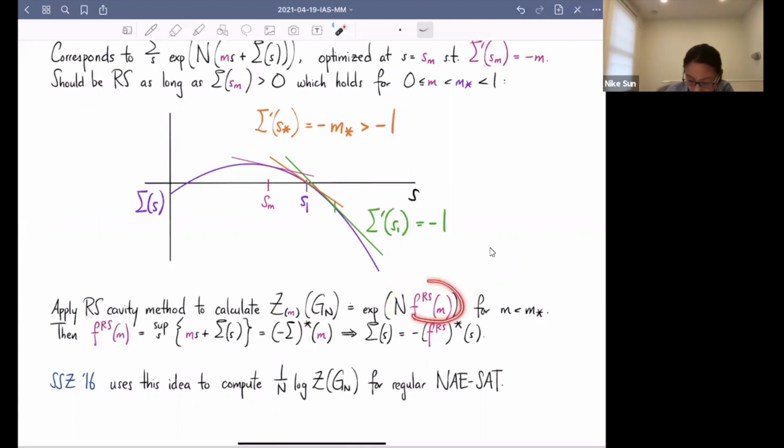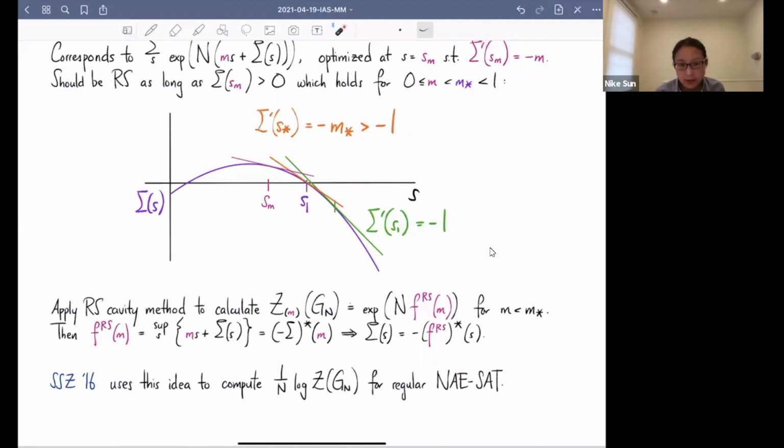Once you know this, you can back out the corresponding sigma. In joint work with Alan Tsai and Yumeng Zhang, we used a similar idea to compute the free energy for the regular not-all-equal SAT model.